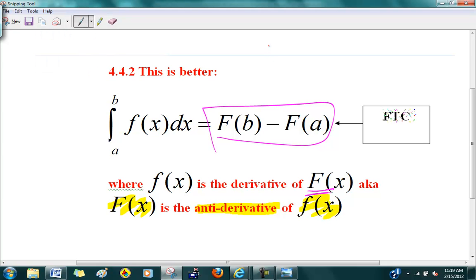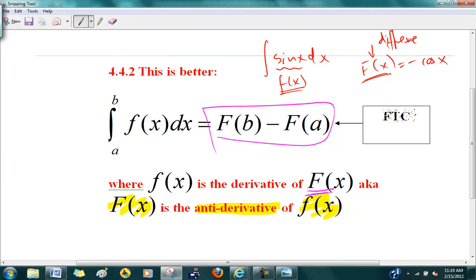That means that if you have, for example, sine x dx, where this would be your lowercase f, then your uppercase F would be negative cosine x. If you were to differentiate this, you would get sine x, so F prime of x equals sine x, which is your integrand here. That's essentially what these two lines are telling you.